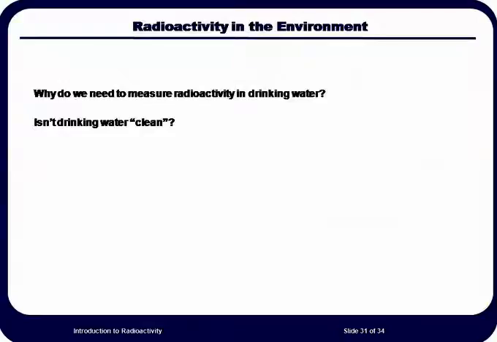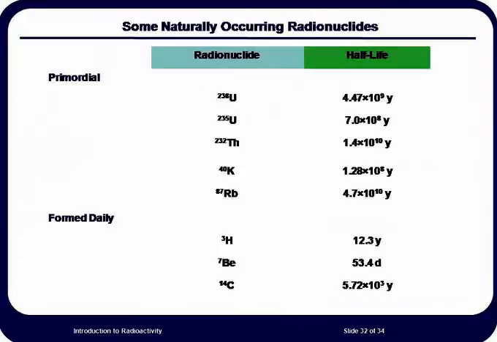What kinds of radioactivity are there in the environment? Why should we need to measure radioactivity in drinking water if drinking water is supposed to be clean? There are two types of radionuclides, those that are naturally occurring and those that are anthropogenic, that is, made by man. This slide shows that of the naturally occurring radionuclides, there are two different groups.